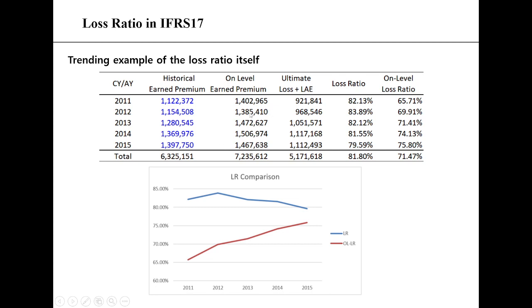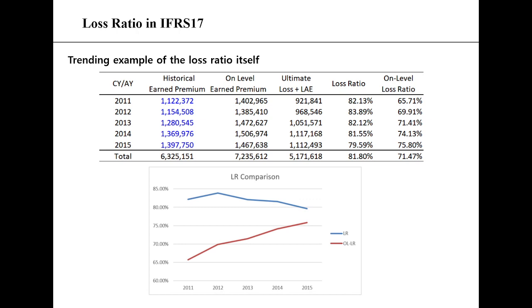So it is like inflated. And the ultimate loss plus loss adjustment expense amount stays the same in either case, right? And here, this loss ratio is calculated based on this one, right? Not on level premium, but on-level premium is this one.